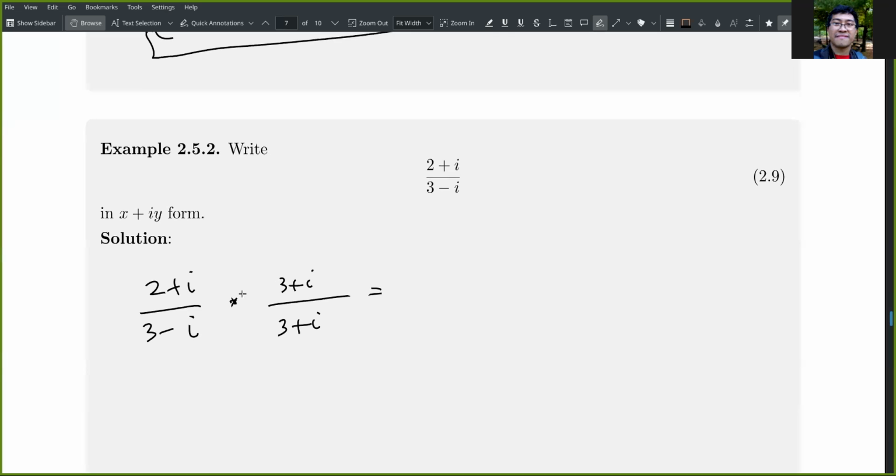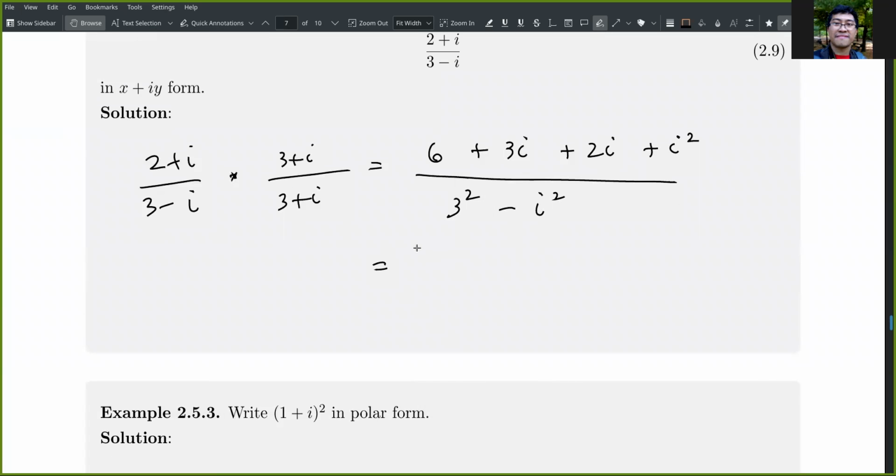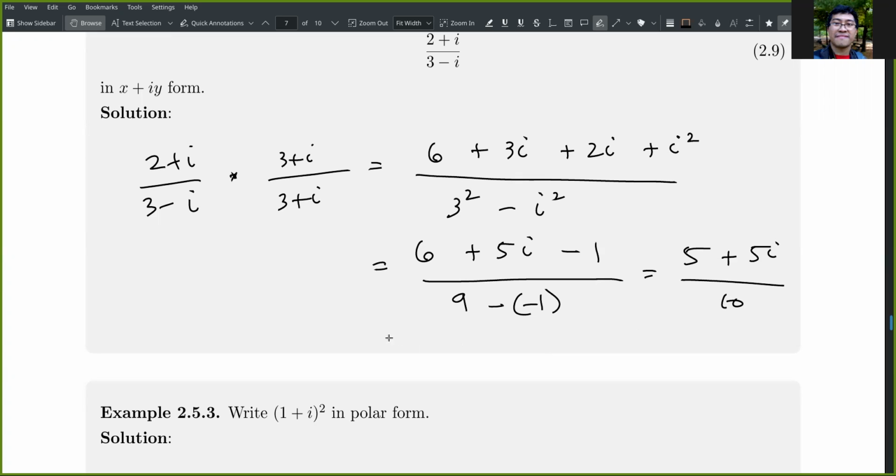If you do that, we multiply the numerator, 6 plus 3i plus 2i plus i squared, divided by 3 squared minus i squared, or you have 6 plus 5i minus 1 divided by 9 minus negative 1, or that's 5 plus 5i divided by 10, or (1 plus i) all divided by 2. Okay.